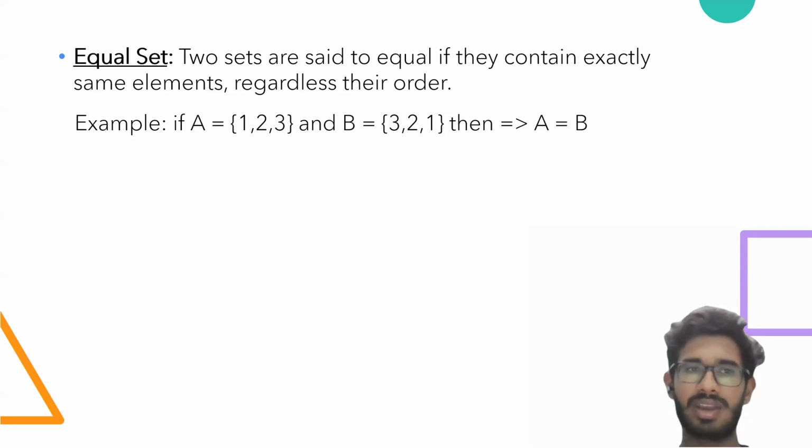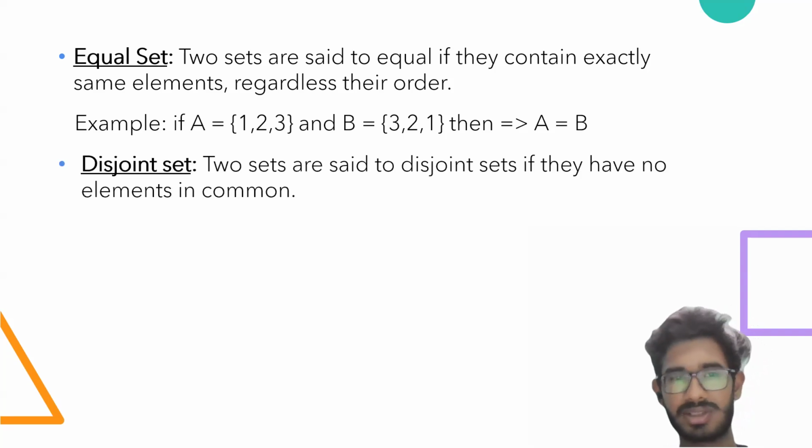We can say that every equal set is an equivalent set, but every equivalent set may or may not be an equal set.